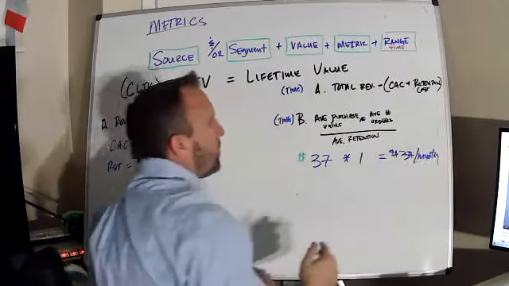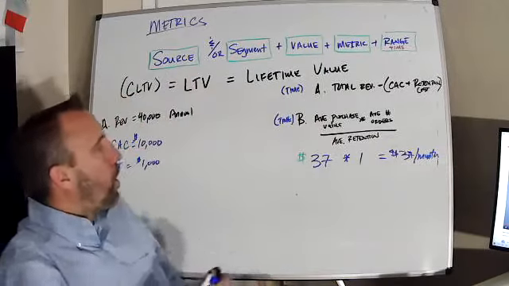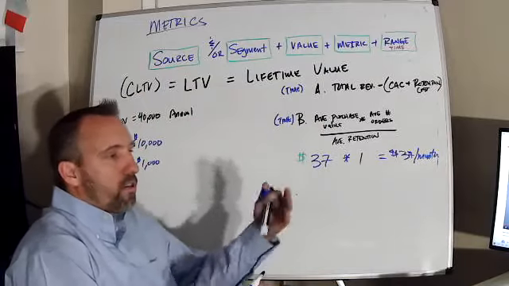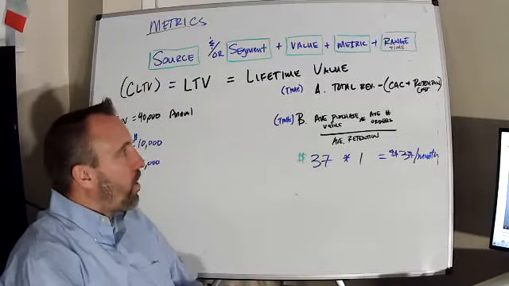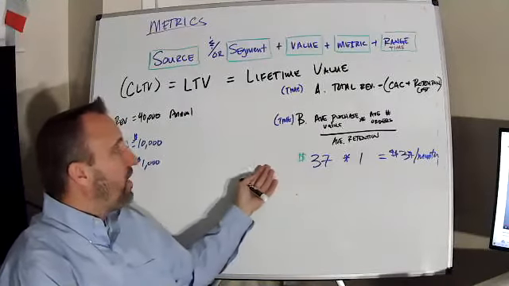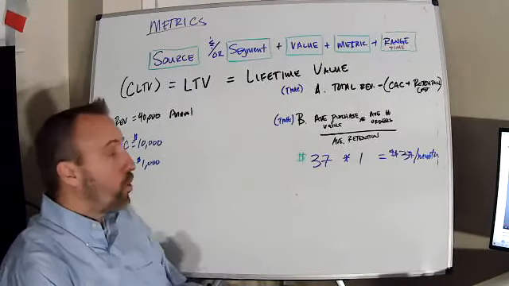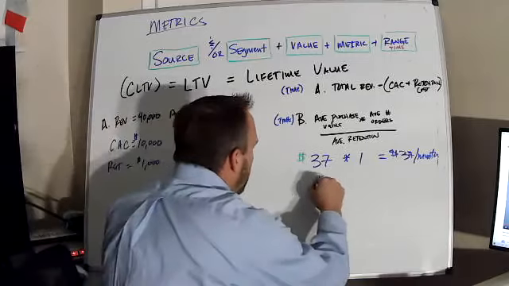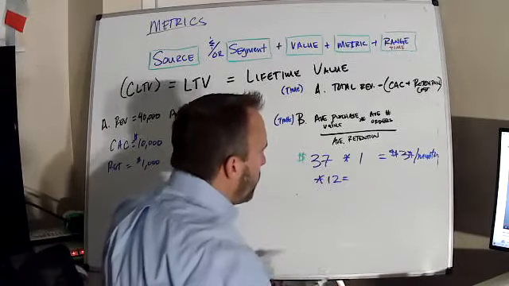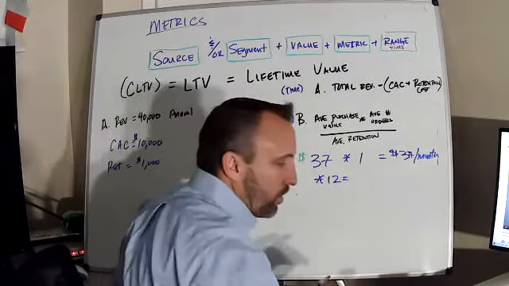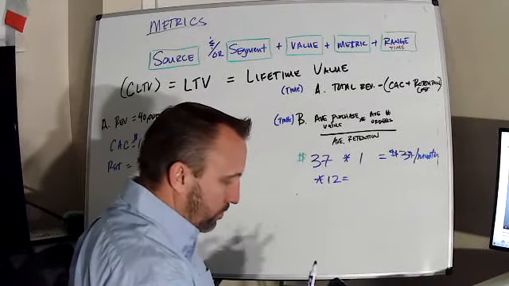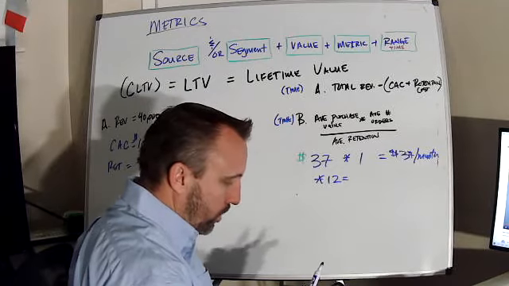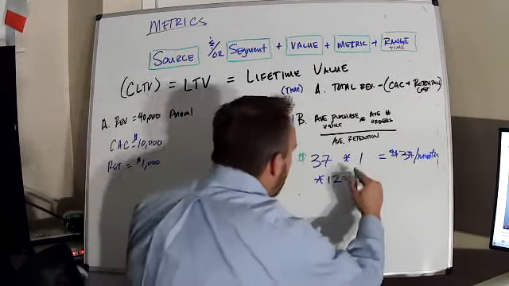But now the question is, how long does that customer stay with us? And how do you figure out, just for example, the annual value of that customer? Sure, you could say, okay, times 12. 37 times 12 is 444.